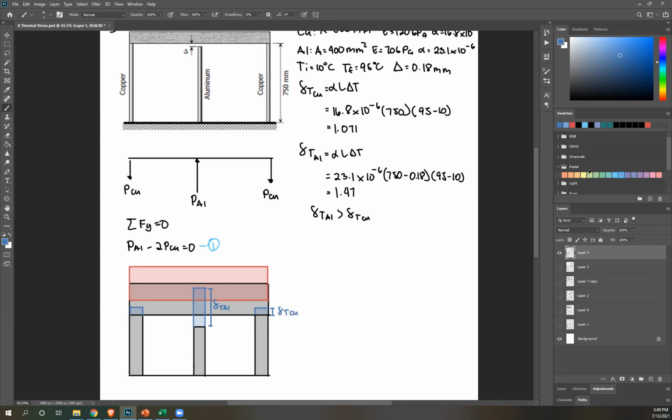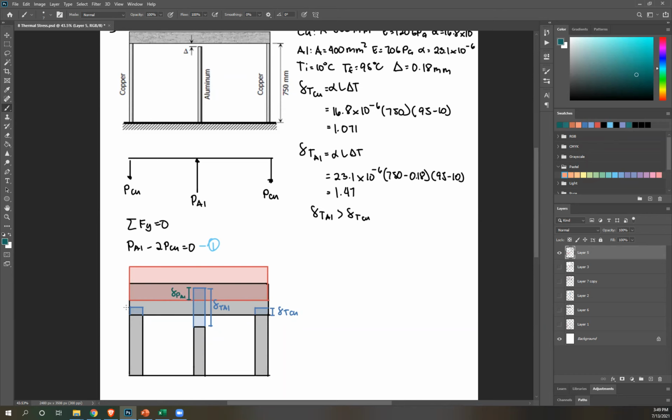Next, I need to bring it back to its original position, which is attached here, because that's the actual final position of your slab. So I need an applied force pushing it downward here. That's your sigma P for aluminum.